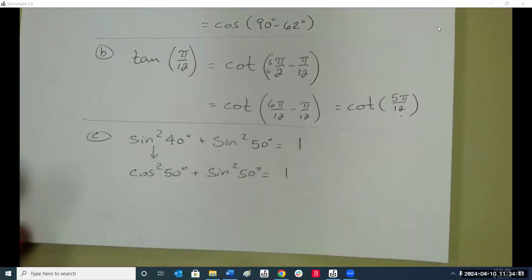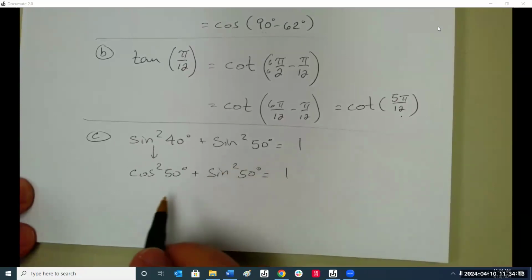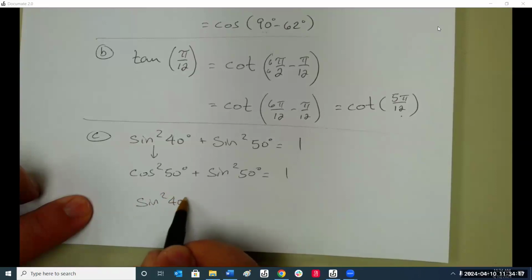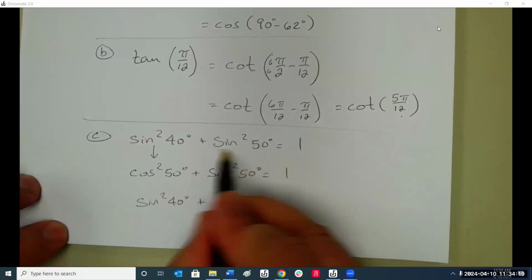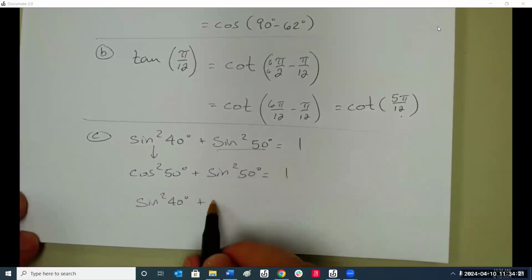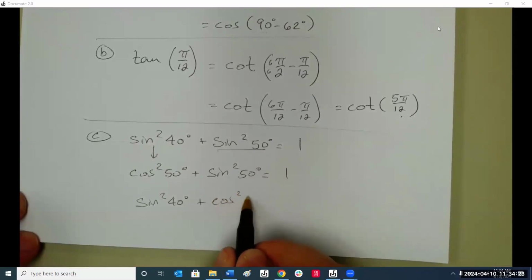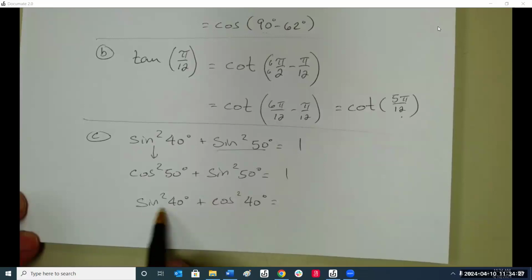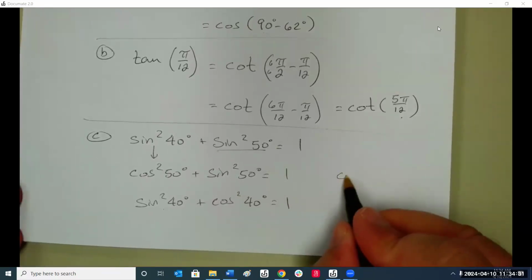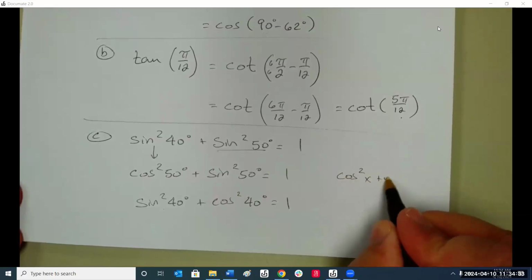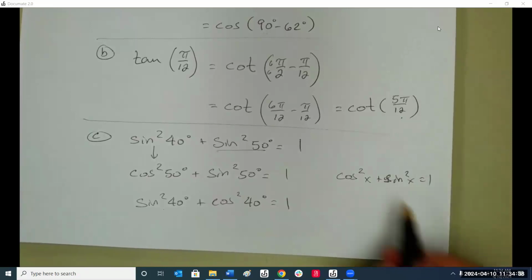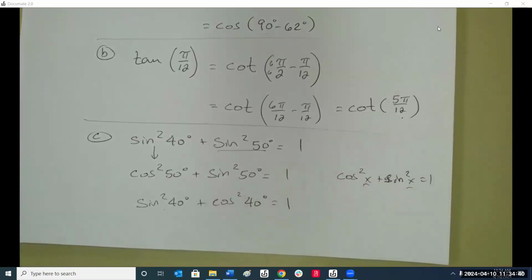I could change this one, or I can change this one. The cofunction of sine squared of 50 is cosine squared of 40. Since they're both the same angles, cosine squared plus sine squared equals 1, as long as the angles are the same.